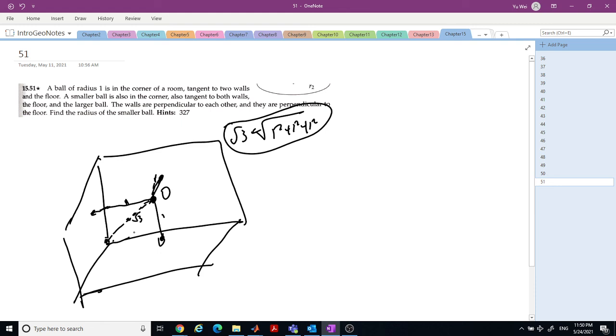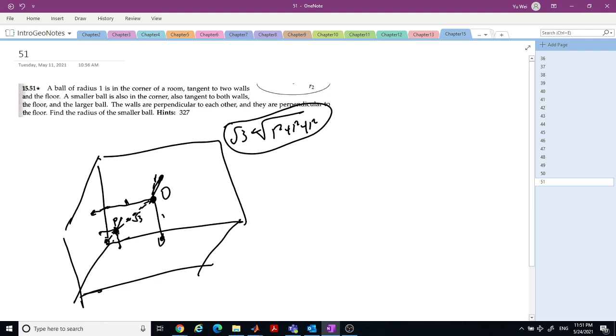Then you see there is a spacing here, and what we want to do is put a small ball, also in the corner, also tangent to both walls and the floor. Its center is P, and it also touches all three faces.